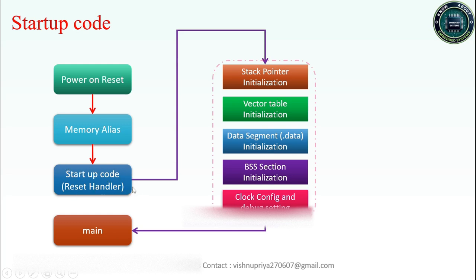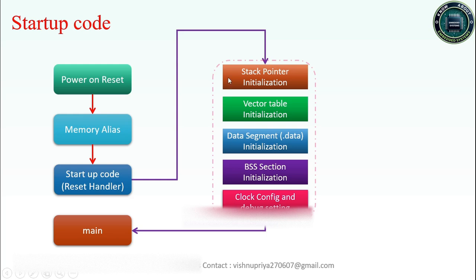In this startup code, as I already told, stack pointer initialization and stack initialization are done, and heap initialization as well. Then vector table initialization and memory RAM region initialization, nothing but the data segment and BSS segment, both get initialized. If any clock configuration is required, that will also be done by the startup code.